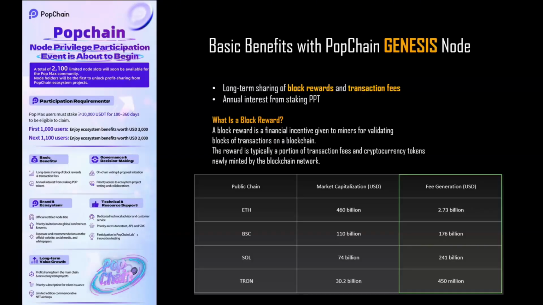Since start, and I will have to tell you, they started in 2017, they have generated over $176 billion in fees. Yeah, it will be interesting to have a part of that, right? Can you only imagine $176 billion in fee generation? So yeah, that is very, very interesting.